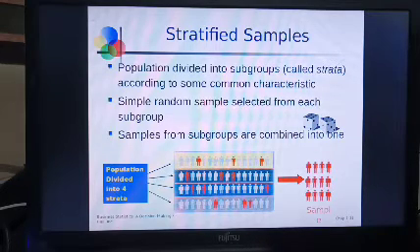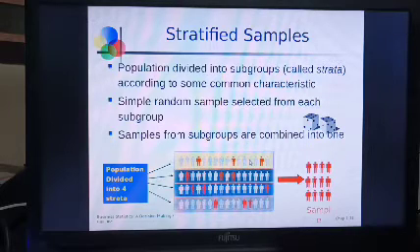And for each subgroup or strata, select a number of samples from each strata. Here, we select 3 from each strata. Why 3? Again, it's up to the researcher to determine.